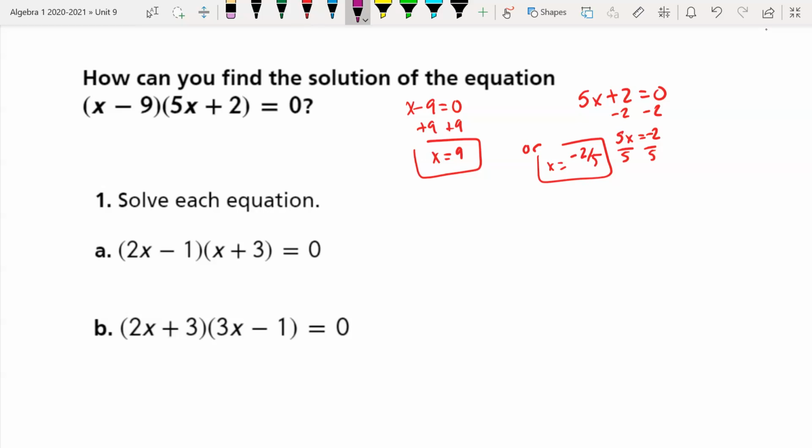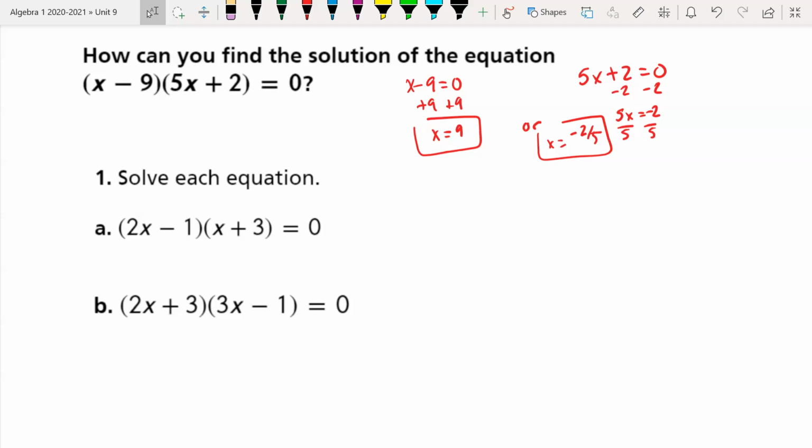So go ahead and take the time, pause the video, try and solve 1a and 1b down here, and figure out how can I find the solutions of this. So we're going to use the zero factor property.